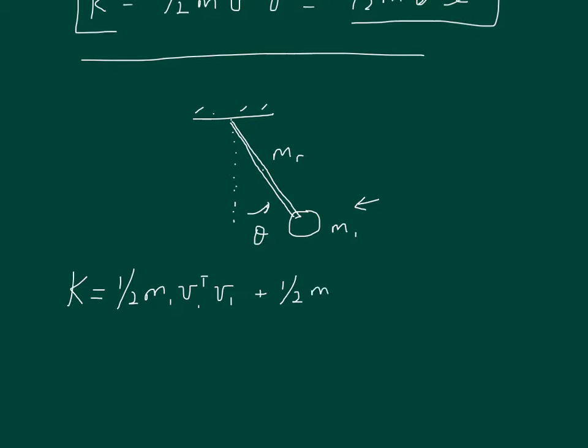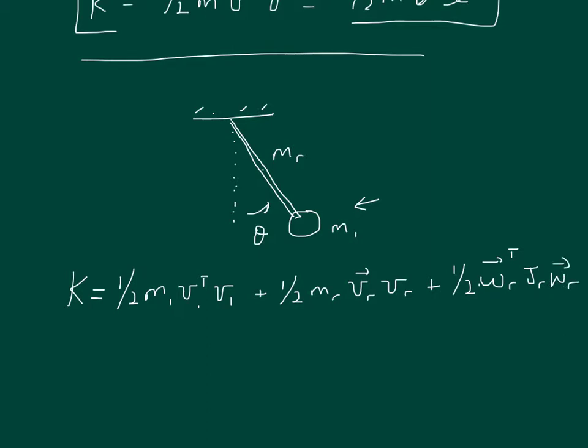So this would be 1/2 mass of the rod, velocity of the rod transpose velocity of the rod. Plus, we're going to have the rotational kinetic energy, 1/2 omega of the rod, the inertia of the rod, times omega r.